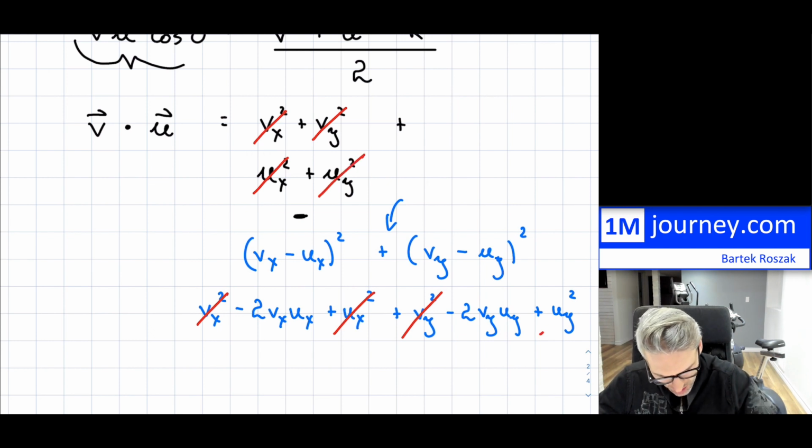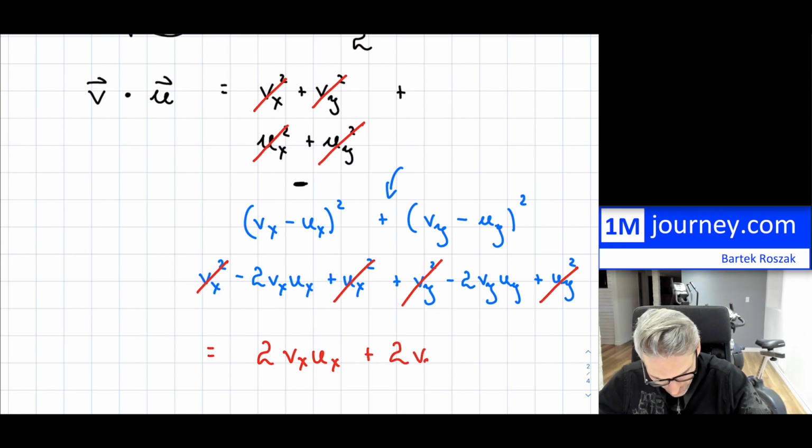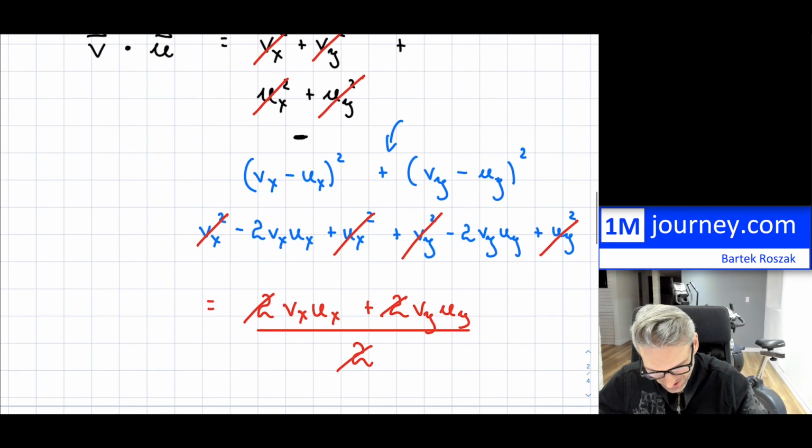And your numerator now, because we have this negative in here, if you bring it in, it's going to cancel this negative and this negative. And that's simply going to be 2 vx ux plus 2 vy uy, and this is all divided. Now I can bring back that 2, and this 2 and this 2 are gone. And look what is left behind here.